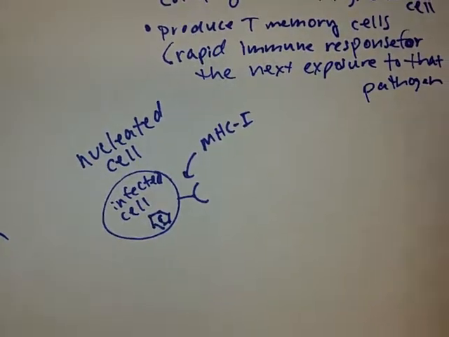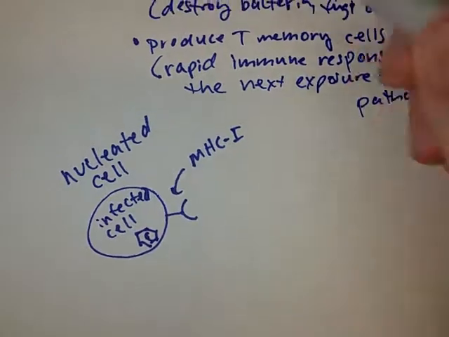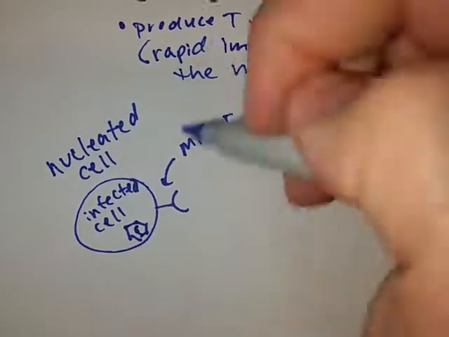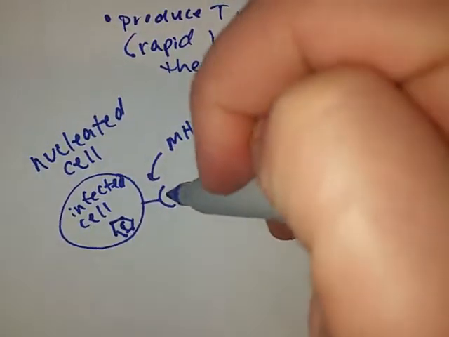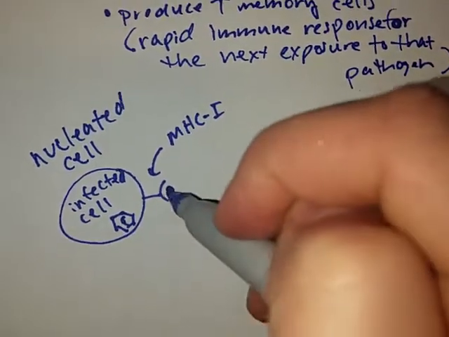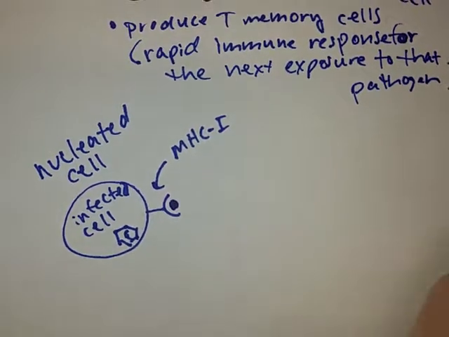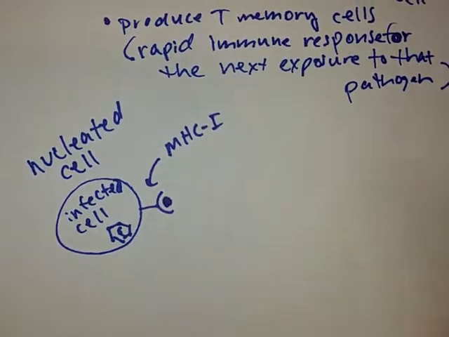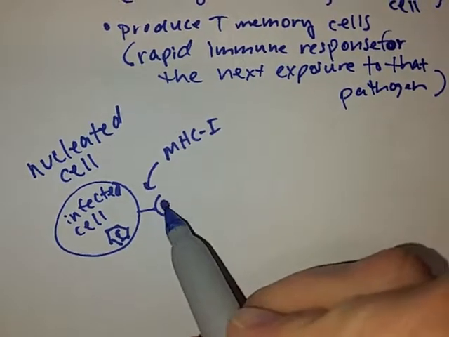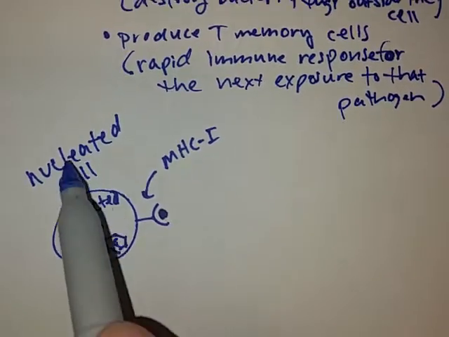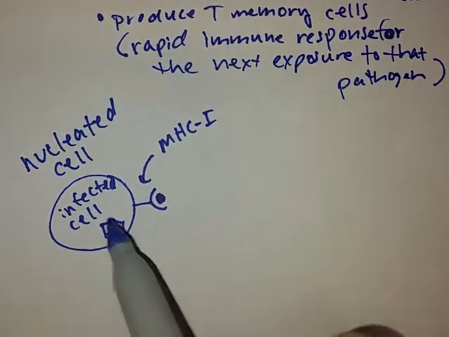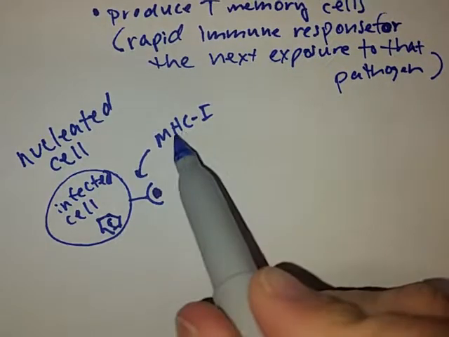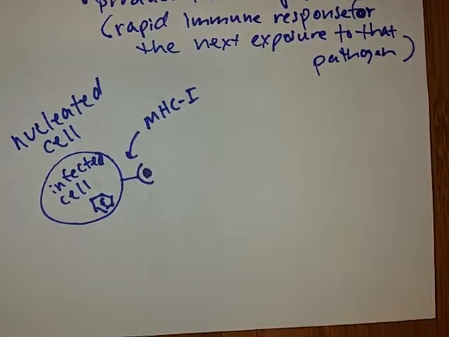We'll make a little virus there. So this cell is infected by a virus, so the cell's probably going to start displaying some weird antigens, right? Because if the virus is making this cell produce its own proteins that it needs for more copies of the virus, then there are going to be some abnormal proteins made, and this cell will start showing those proteins on its MHC1.